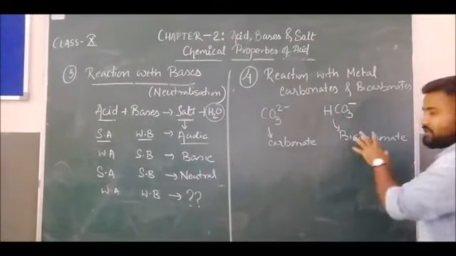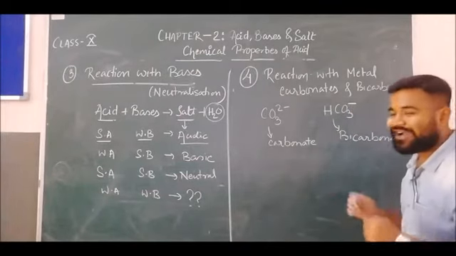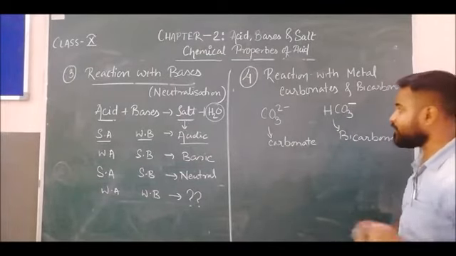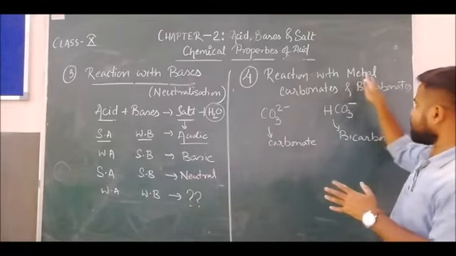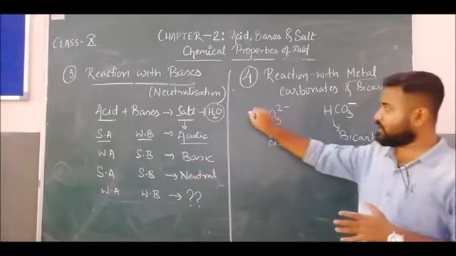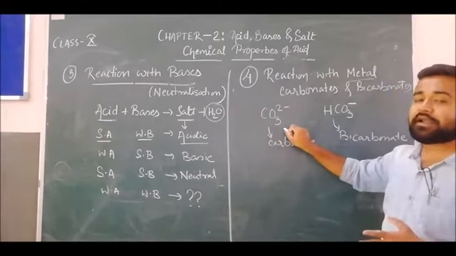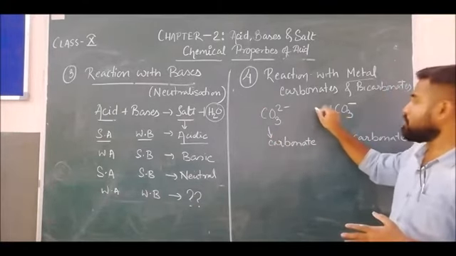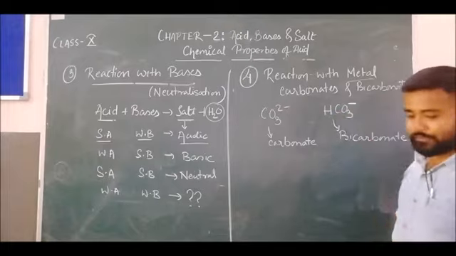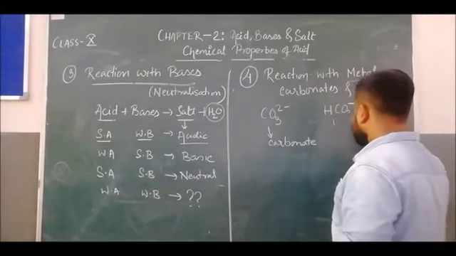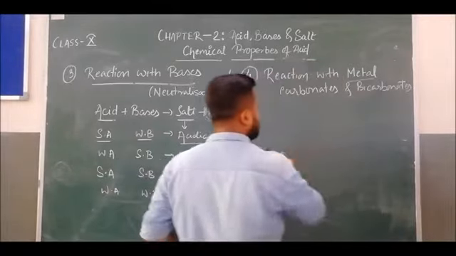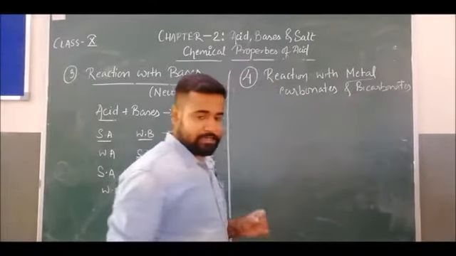If any metal is attached to it, then it is called a metal carbonate or metal bicarbonate. Clear? So whenever carbonate or hydrogen carbonate ion is there, it is called carbonates and bicarbonates.